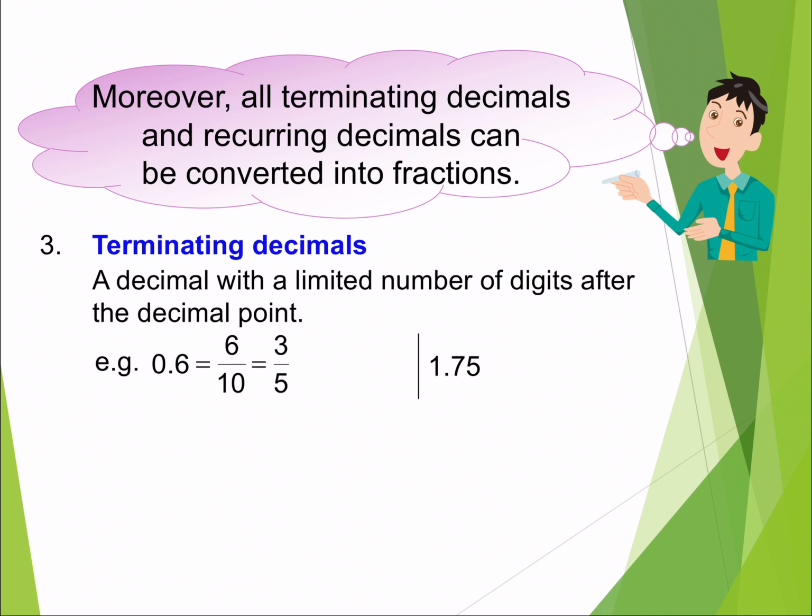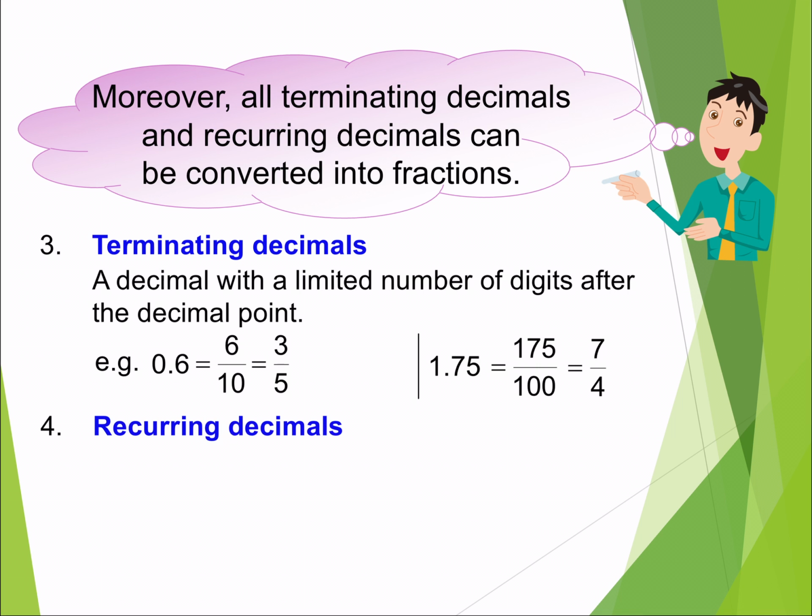So we can write it in fraction form, so this is a rational number. And 1.75 can be written as 7 over 4. So all the terminating decimals with a limited number of digits after the decimal point are rational numbers.